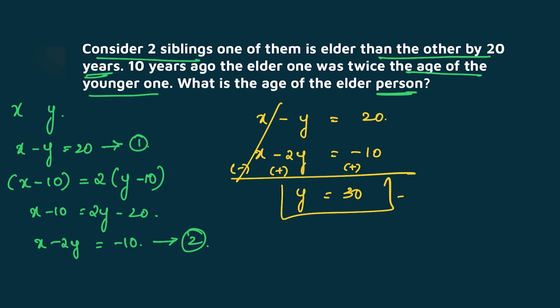So that is the second sibling, the younger one's age is 30. But they have asked the age of the elder person. We already know that they have a 20 years difference. So add 30 plus 20, you get 50 years. So 50 years is the age of x, the first sibling, that is the elder person.